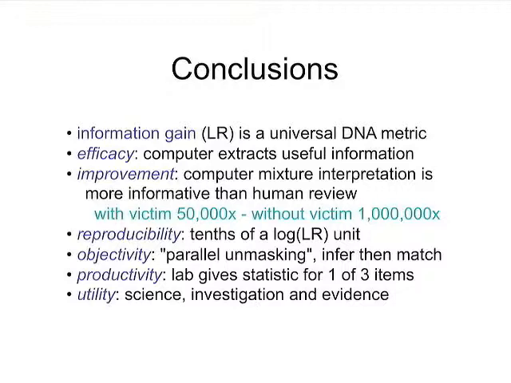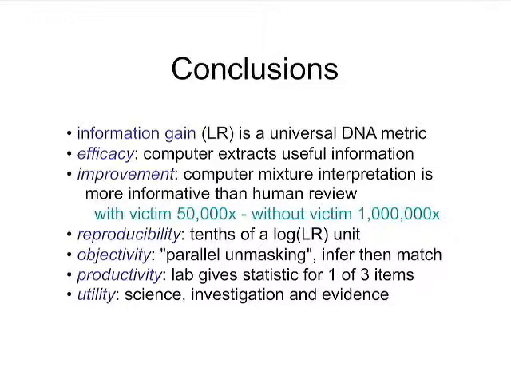We saw the computer always extracted useful information. We looked at the improvement, and we saw that with a victim known, inferring 1 unknown, there was about a 50,000-fold information gain. And with the 2 unknown relative to inclusion, there's about a 1,000,000-fold information gain. The method is reproducible within tenths or hundredths of a log LR unit.